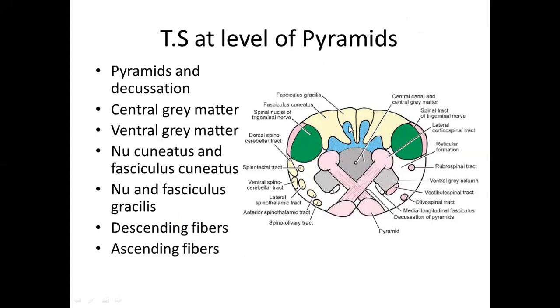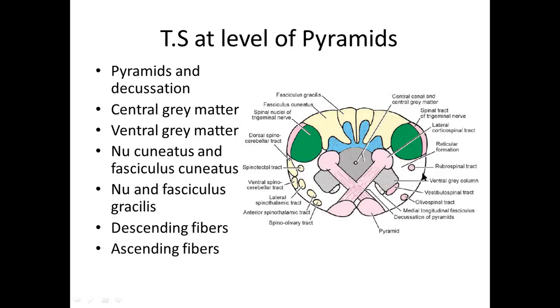Then we will see the nucleus cuneatus laterally, nucleus gracilis medially, which are capped by their respective fasciculi. Then we will see different ascending and descending fibers. Ascending fibers are the spino-olivary fibers, anterior spinothalamic and the lateral spinothalamic tract, the ventral and the dorsal spinocerebellar tract, and the spinotectal tract.